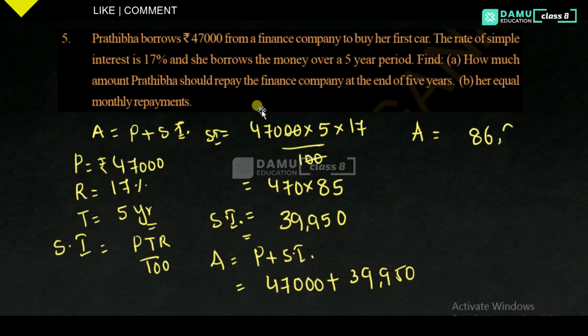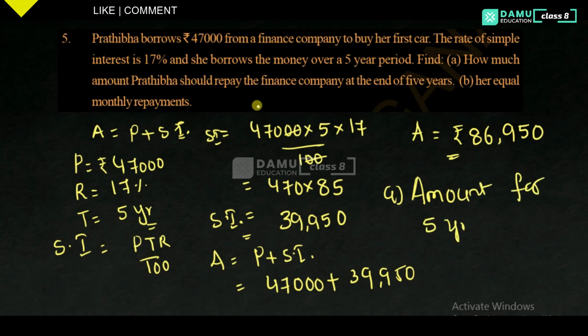So 86,950 rupees at the end of 5 years. This is the amount. Then what are her equal repayments? So amount will be equal to A. The amount for 5 years will be equal to 86,950 rupees.